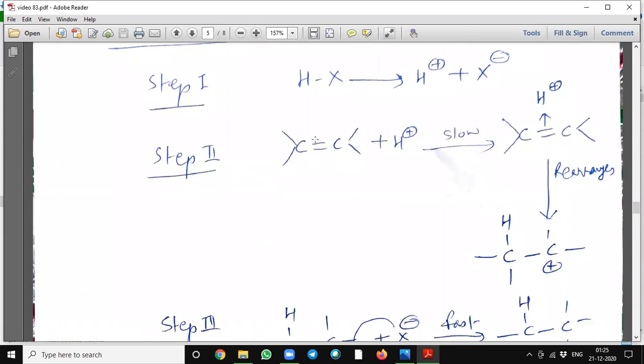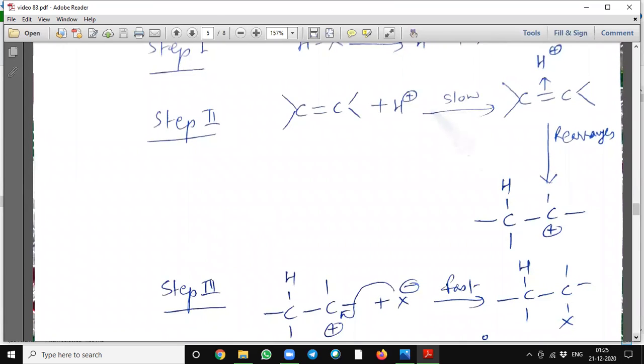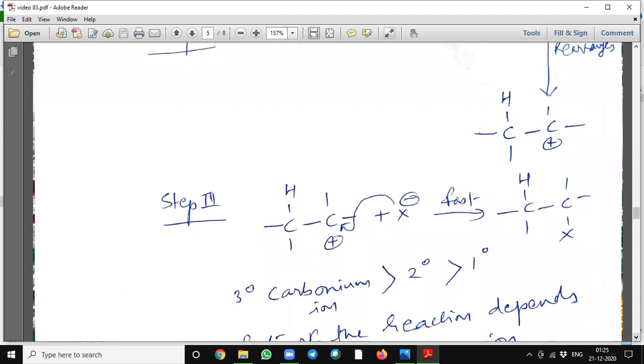Mechanism. Step 1. Hydrogen halide is first dissociated into proton and halide. Then this proton will react with the alkene, and this is a slow step, and after rearrangement it gives this carbonium ion.